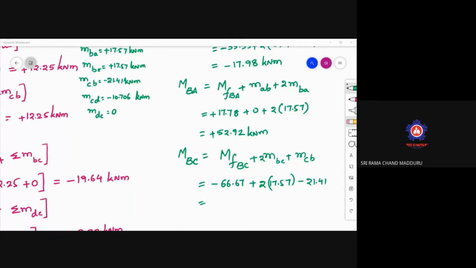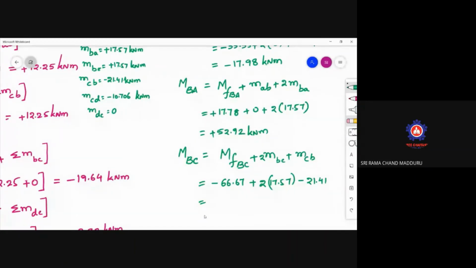What is the value? Minus 52.94. Sudarshan, you have raised your hand. Is there anything you would like to say? Minus 52.94, sir.